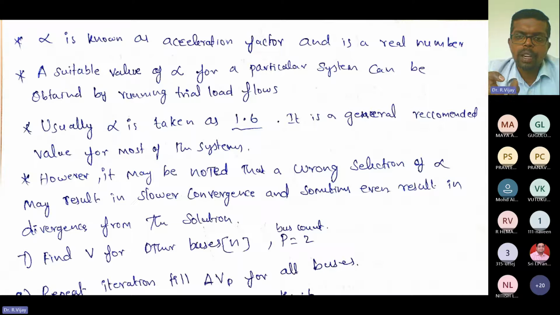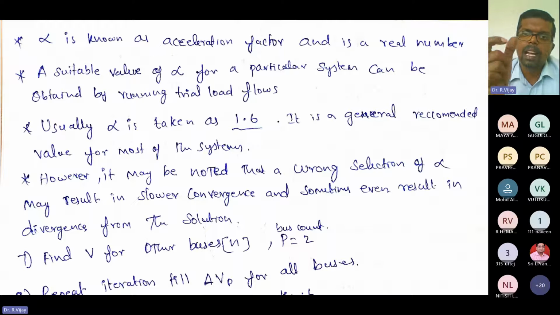For example, suppose the exact value you have to get is 2 plus 3j. That is the exact answer you want. If you choose some other acceleration factor, say 1 instead of 1.6, the convergence will be slower.